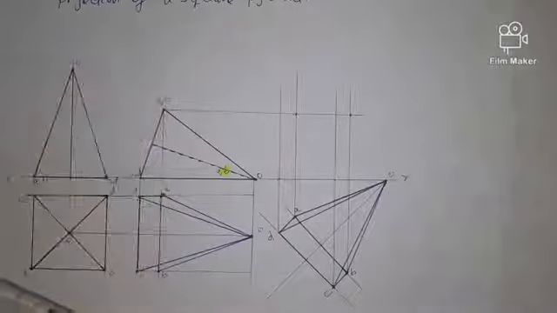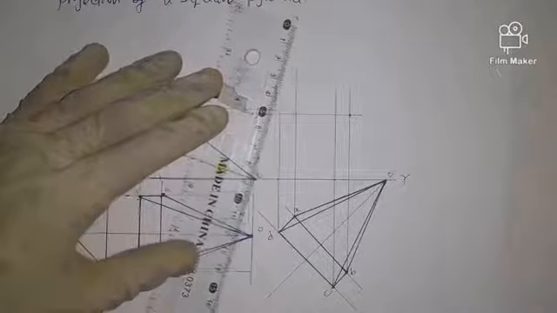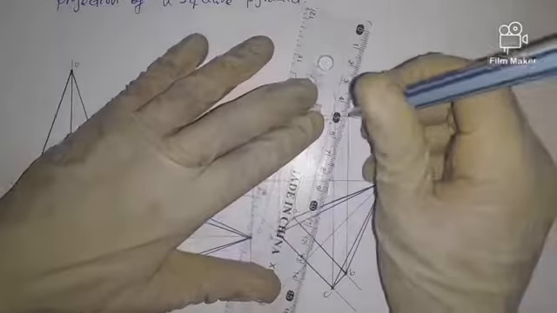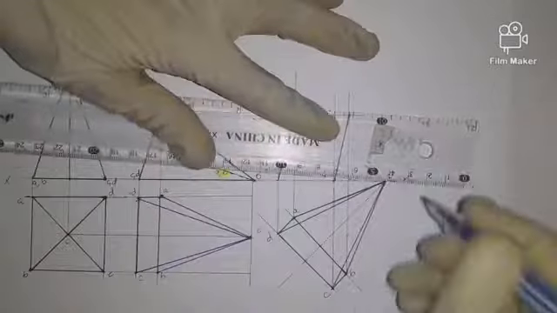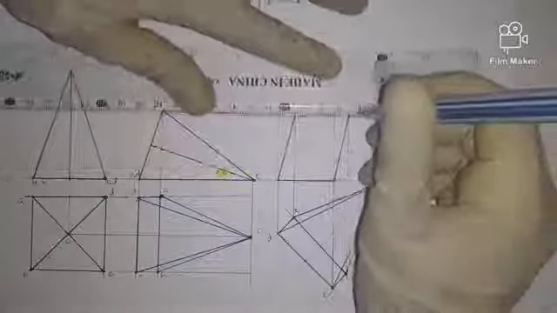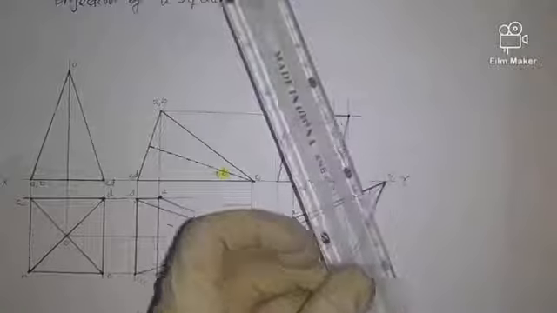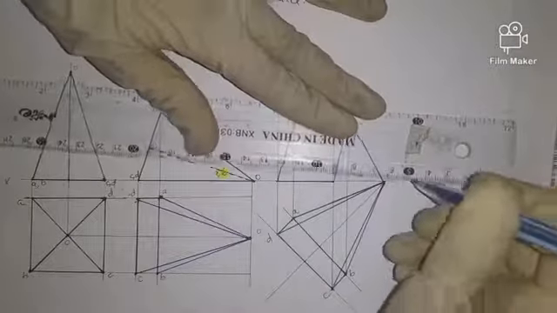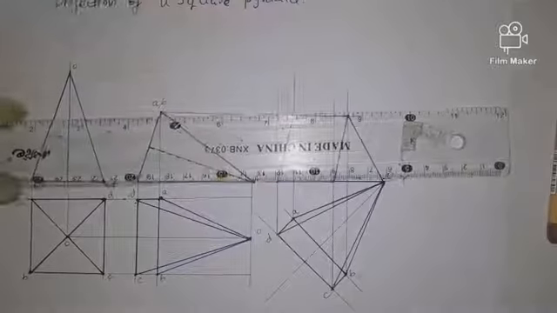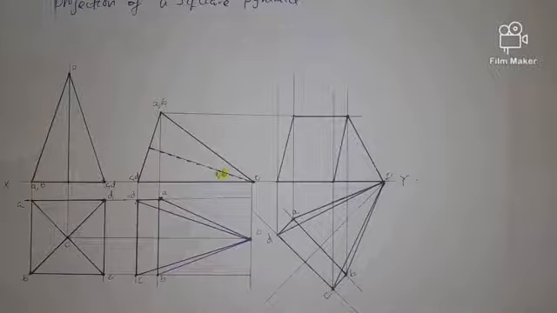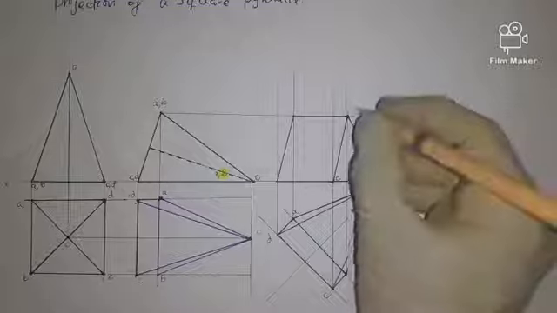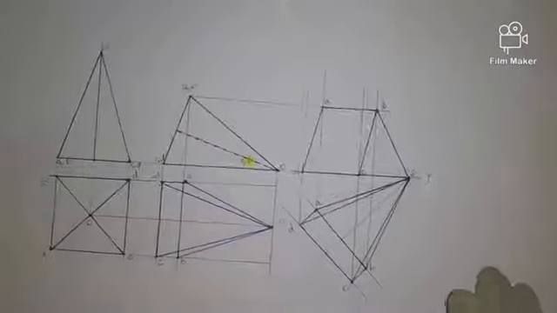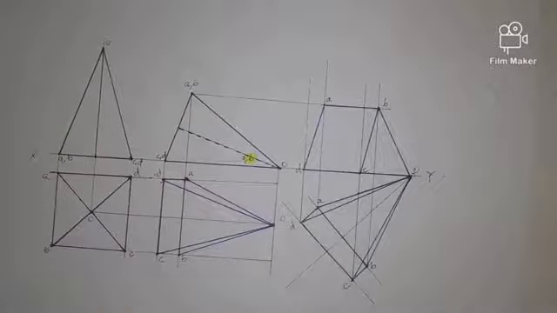Okay, so we are going to join this, this, this, and lastly, so you can name this as C, B, A, then D. So these are the projections that we are supposed to have for these three conditions.